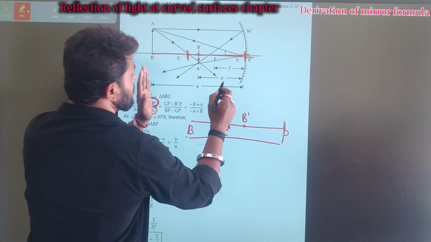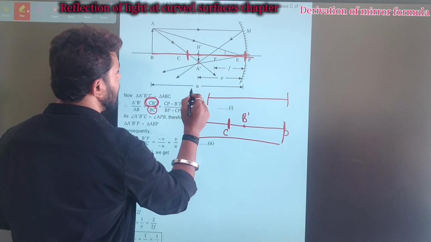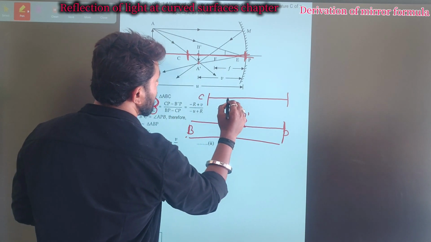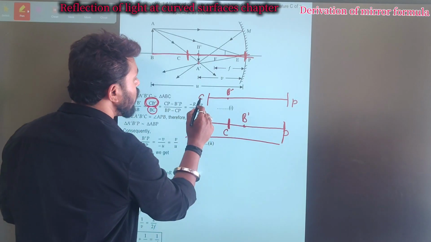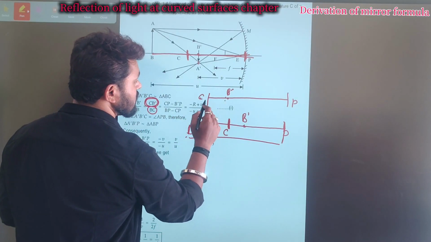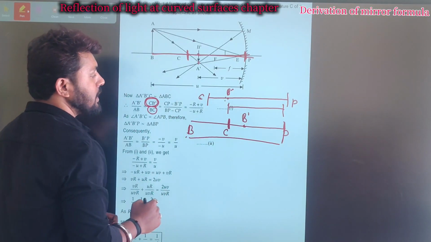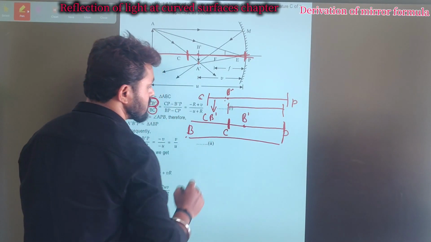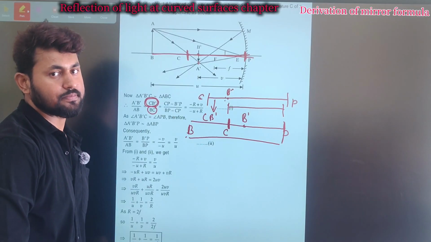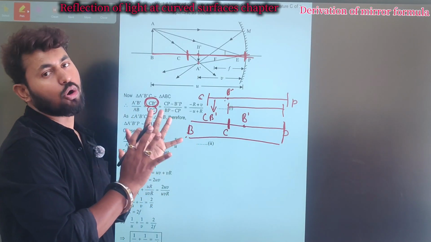Let's say this is C, this is B dash and this is P. I want only this distance, so I will subtract from here to here, then I will get this small distance, that is called CB dash. I am repeating this again and again so that you will understand. This is very important to understand.